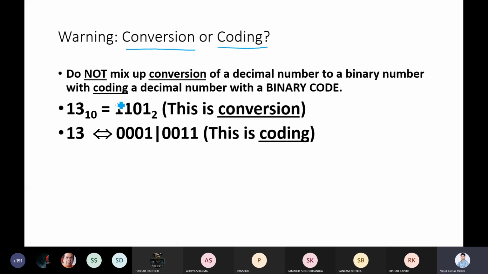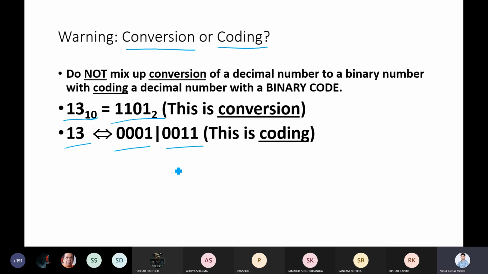Don't mix them together. When you say conversion, it means decimal, base 10, is converted into binary. But once you say coding, then 1 is separate, 3 is separate, meaning once you map every number to a different number or different coding, that is coding.